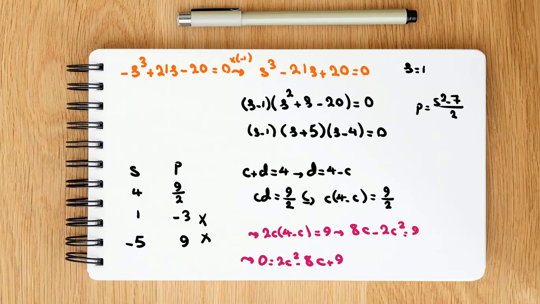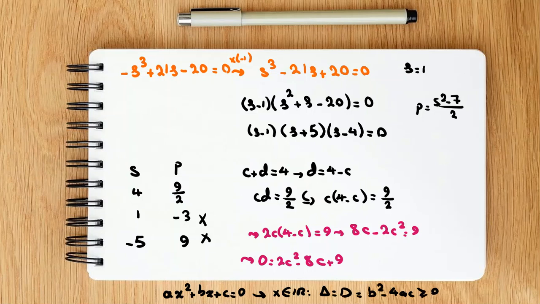And okay, here we should use the quadratic formula. If ax squared plus bx plus c equal to 0, then if x is real, delta or discriminant, which is b squared minus 4ac, should be at least 0.